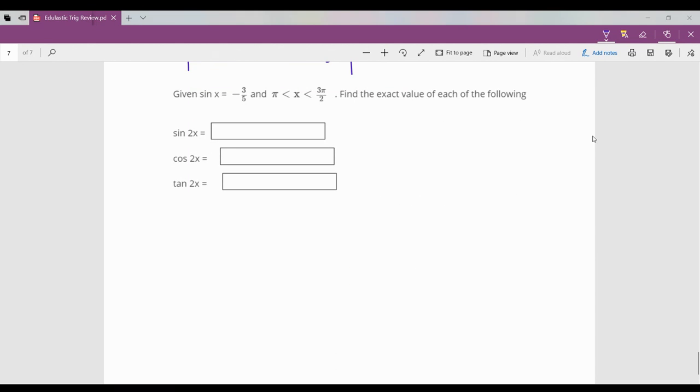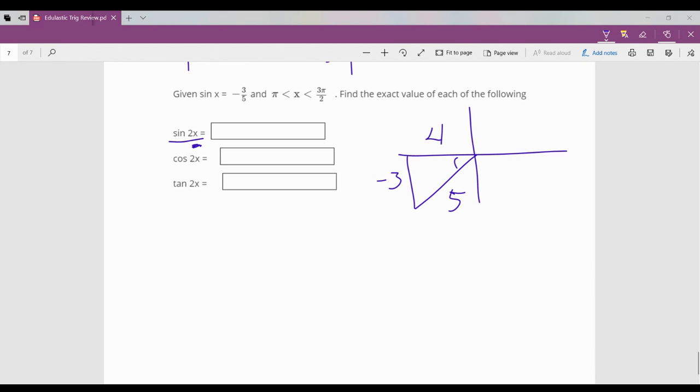Okay, next one. Hopefully this shouldn't be too bad right off the bat when we draw. Our angle is in the third quadrant because it's between pi and 3 pi over 2. And here, if you see, we've got 2x. That means it's the double angle formula. So hold on one second while I flip to my double angle formula. So sine is opposite over hypotenuse.